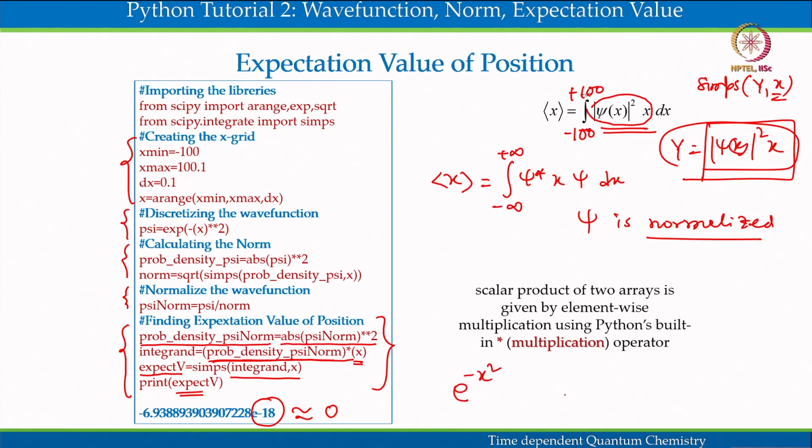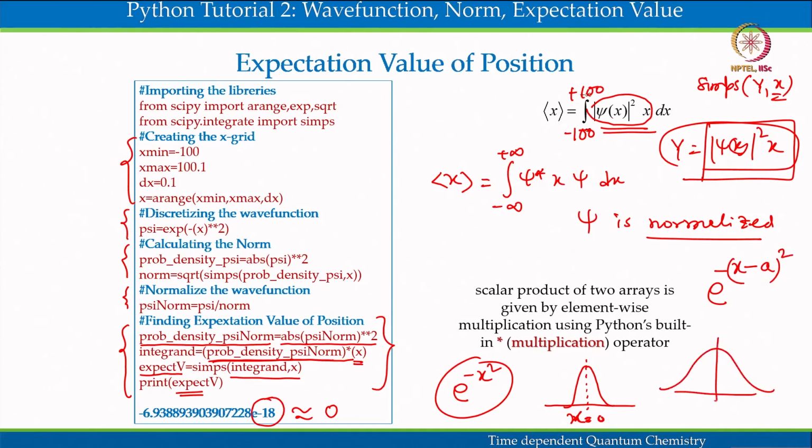This is a Gaussian function which is centered at x equals 0. But if I want to change the Gaussian function to be centered at a different place, then I have to write x minus a whole square. If I do that, then the Gaussian will be centered at position a, and that we will prove here.